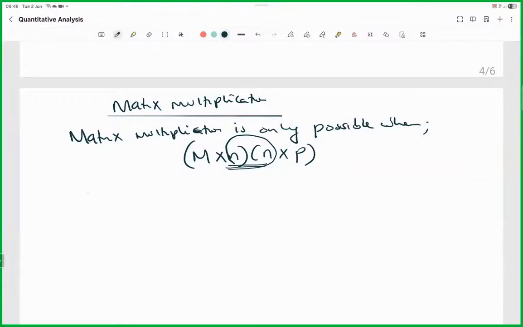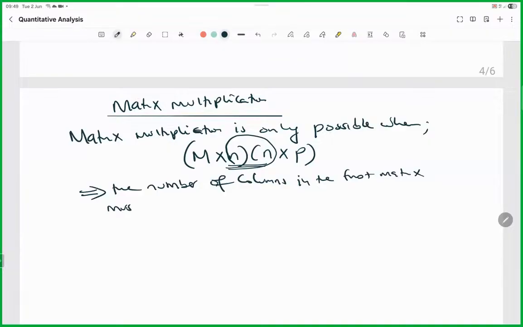But the number of columns in the first matrix must equal the number of rows in the second matrix.